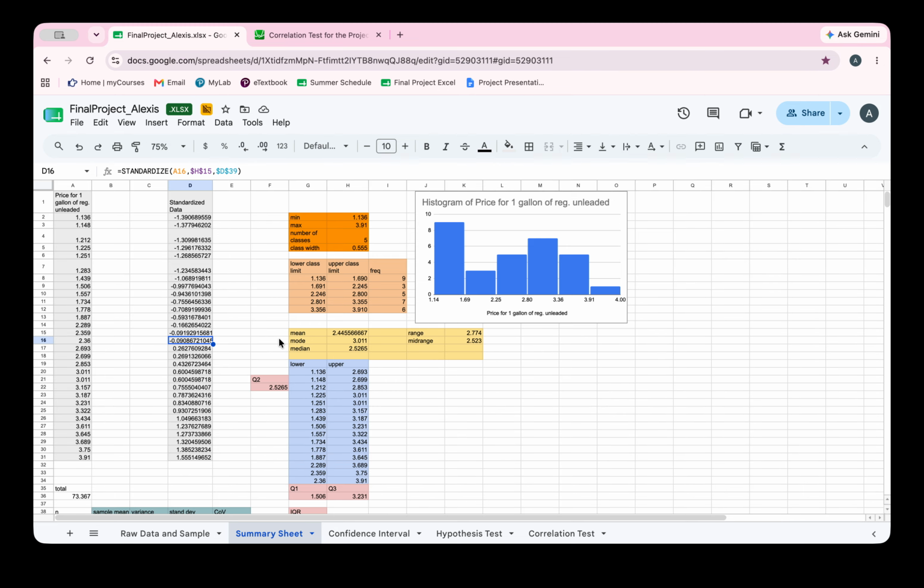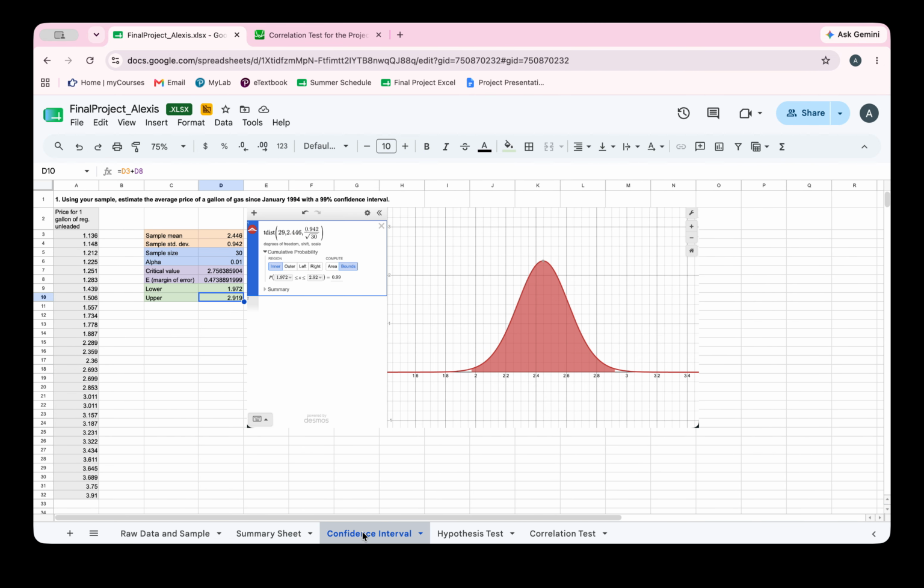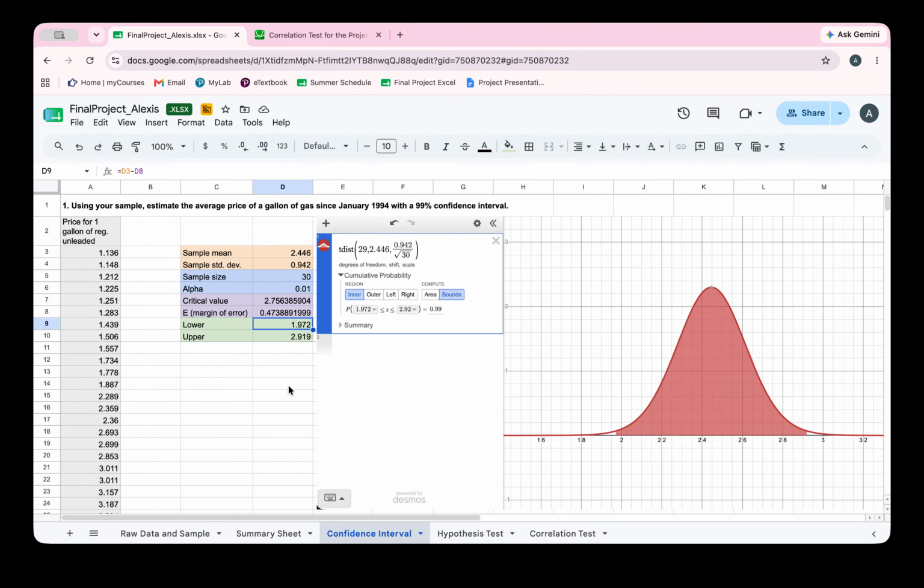So moving on to the confidence interval sheet, I'm answering the question: using your sample, estimate the average price of a gallon of gas since January 1994 with a 99% confidence interval. So I computed a 99% confidence interval for the population mean. My interval bounds came out to be this 1.972 here, and then the upper is 2.919.